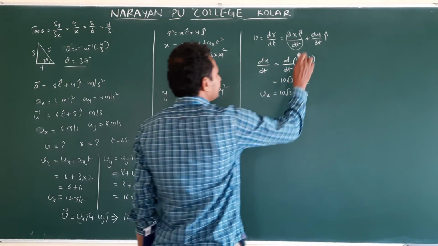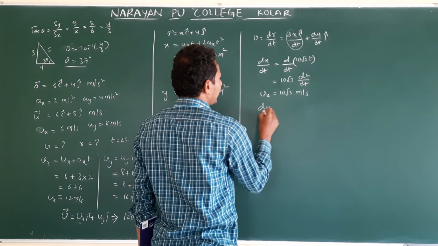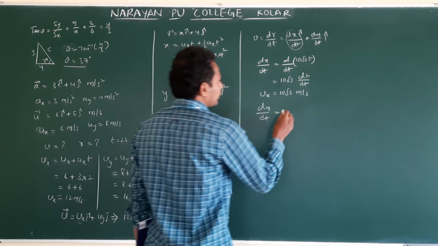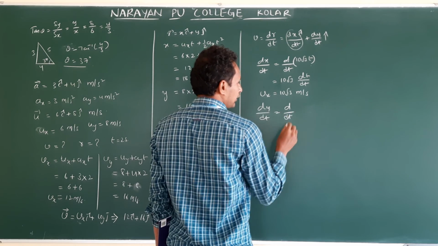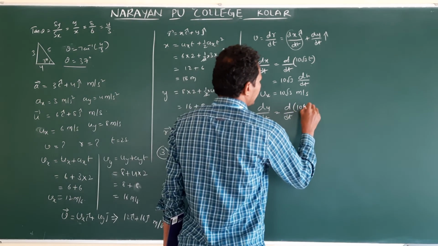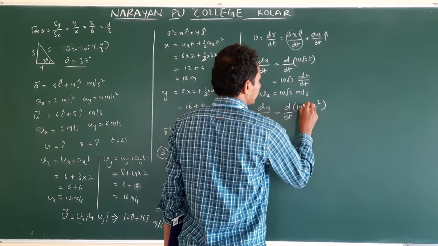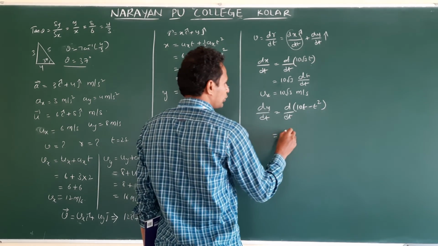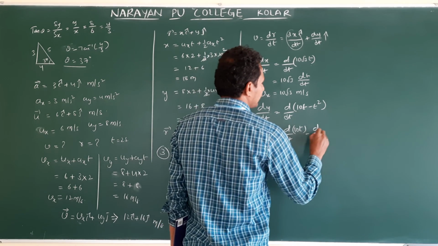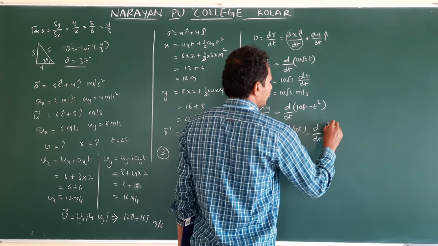Similarly, dy by dt. What is the y coordinate given? Y equation, d by dt. Write down the y equation, 10t minus t square. Here, write this individually. d by dt of 10t minus d by dt of t square.